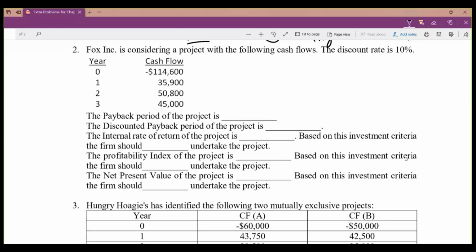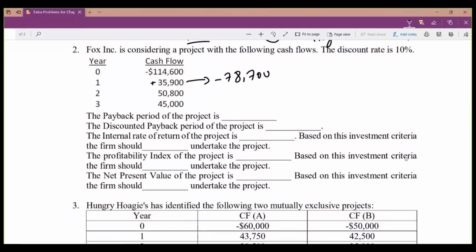35,900 from that initial investment of 114,600. So here after the first year, so it's minus 114,600 plus 35,900. I still need to recover $78,700.